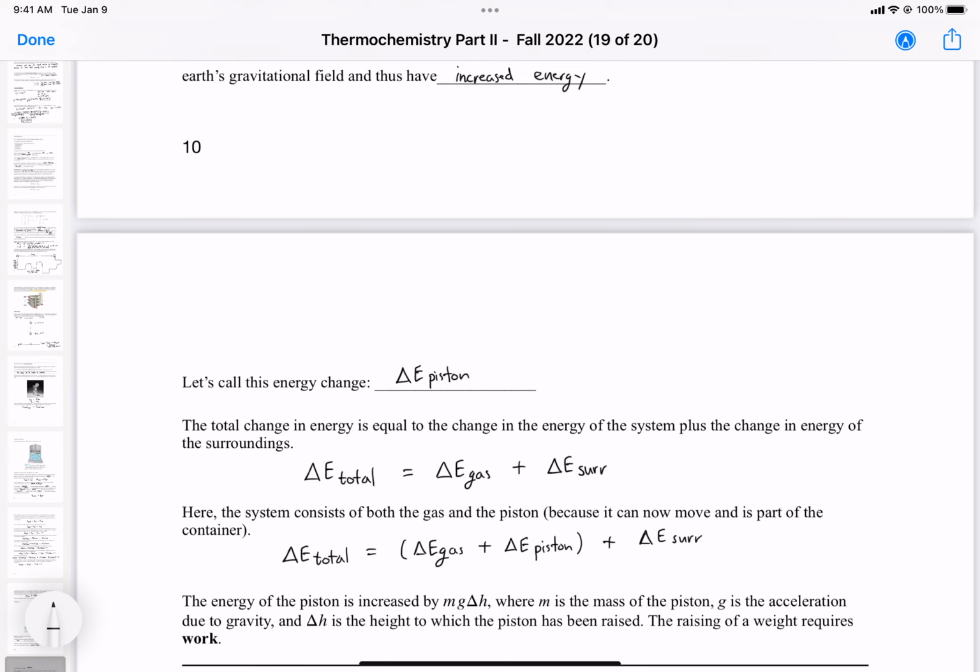Okay, and so we know that it should equal 0 here. So let's just write that in here.